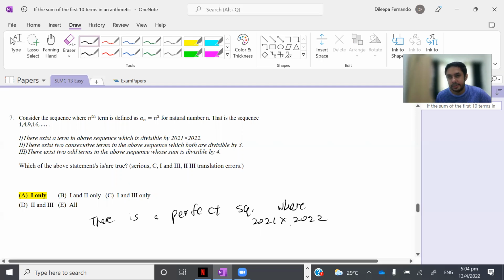When you have two factors, you can find the square of these two factors. The square of a number is divisible by itself.